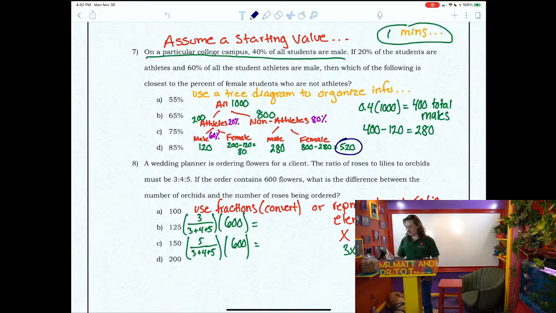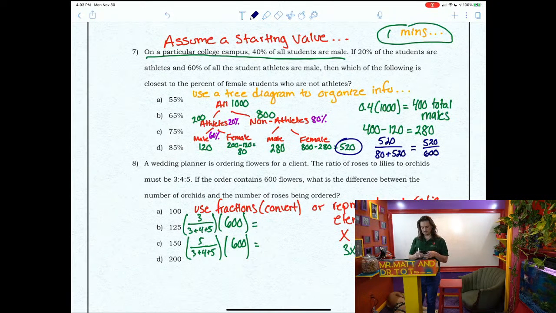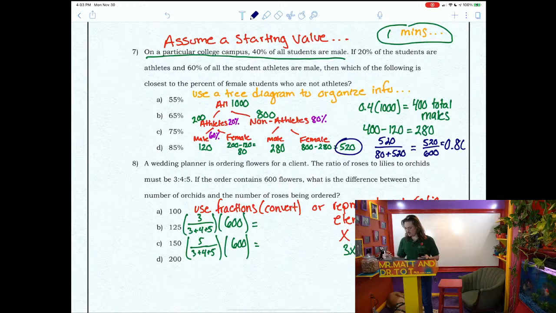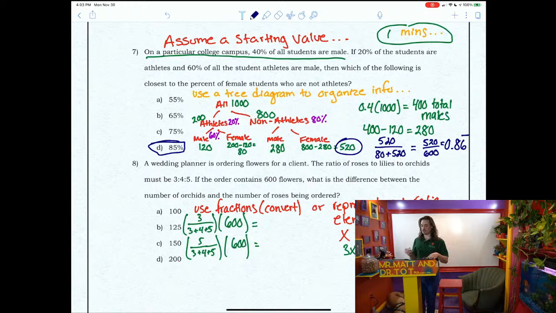So this is going to be 520 over 80 plus 520. So that's going to be 520 divided by 600. And that's going to be 0.86 repeating, and that's closest to 85%. Because they asked which of the following is closest to the percent of female students who are not athletes. So the answer here would be D.